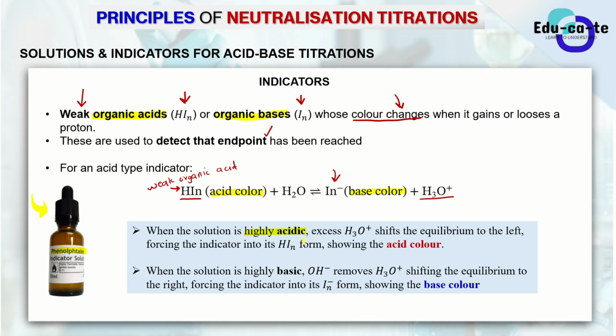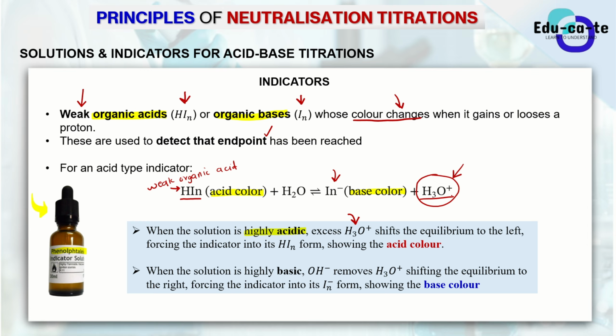Okay, and then when the solution is highly acidic, it means that we have got an excess amount of hydronium ions. So if we are going to use a solution that is having an excess amount of hydronium ions, this reaction's equilibrium will shift to the left, because remember that when we increase the hydronium ions here, this is the product, right?